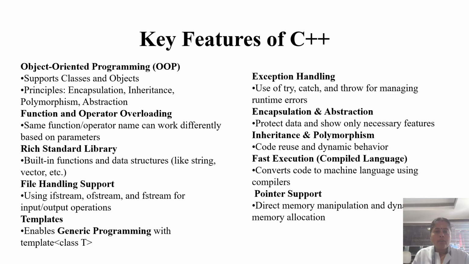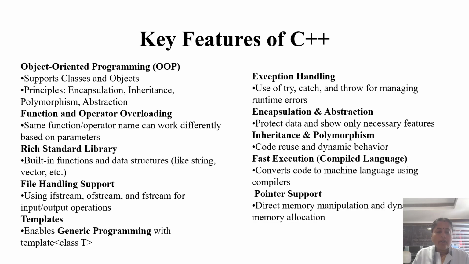The next feature is that C++ is rich in standard library functions. It has various built-in functions and data structures such as strings, vectors, and so on. It also supports file handling with the help of inbuilt classes such as ifstream, ofstream, and fstream for input-output operations.